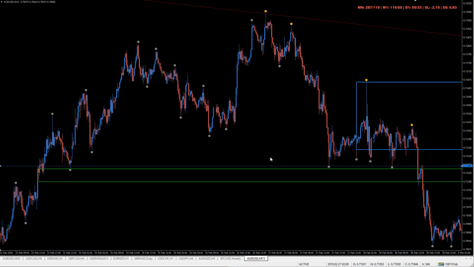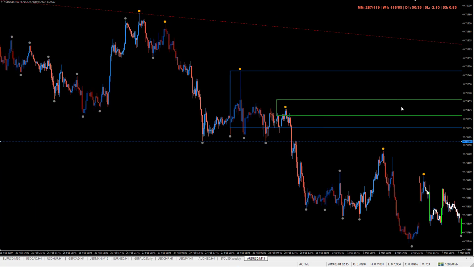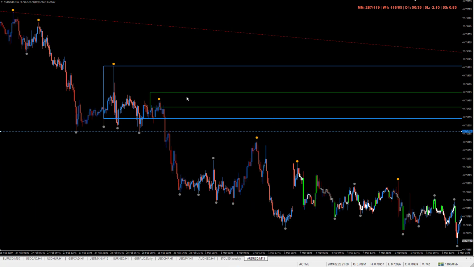Price tested it once, twice, a few times, and then it cut away. The area that did that is this one here. So here we have the parent, child. Maybe want to widen that a little bit. So this is what we currently have. This is kind of like the 15-minute area nested within the 4-hour area.